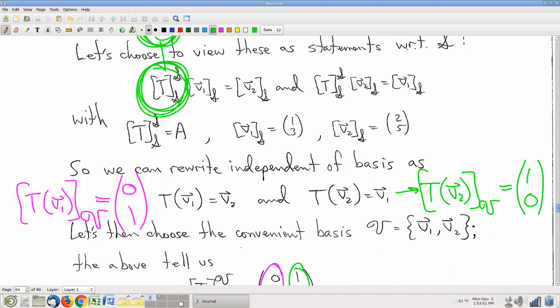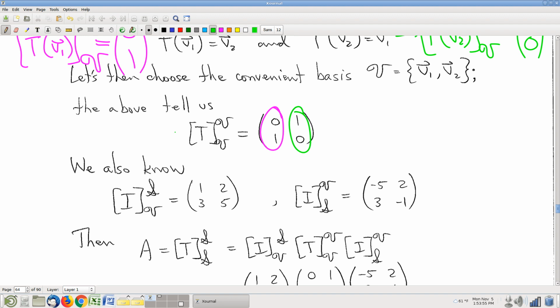Okay, so here's that formula. T_SS: well, first translate from S to V. Do the linear transformation in V language. Out comes the result in V language. I don't want my result in V language. I want it in S language. Okay, so we'll translate from V to S.